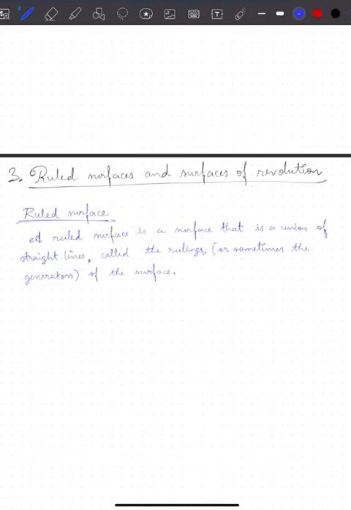So it's a surface that is a union of straight lines, which are called rulings or sometimes generators of the surface.